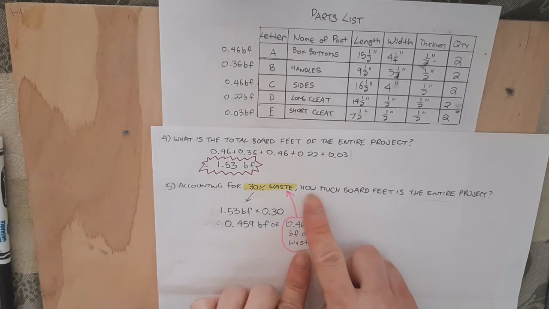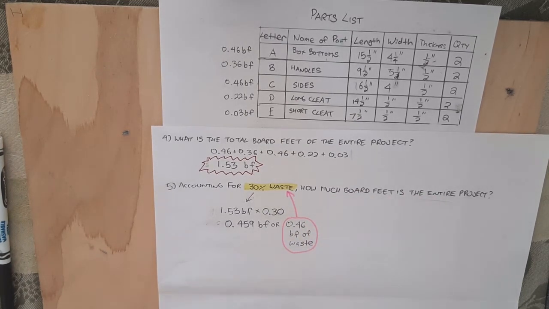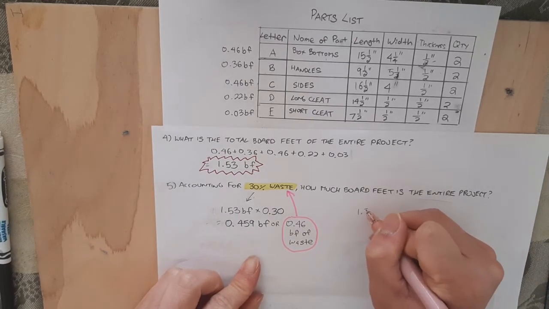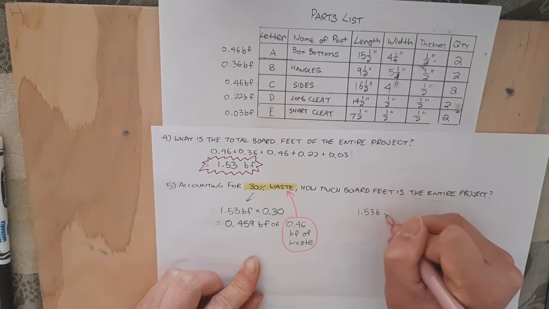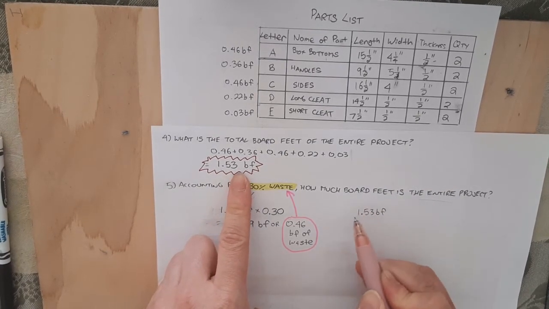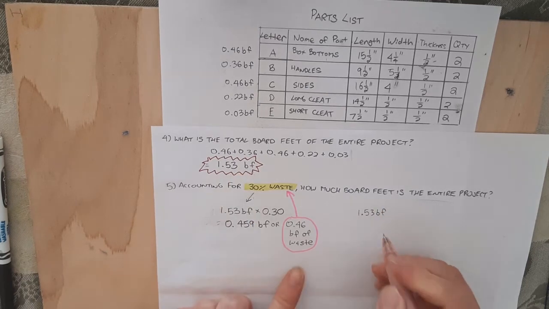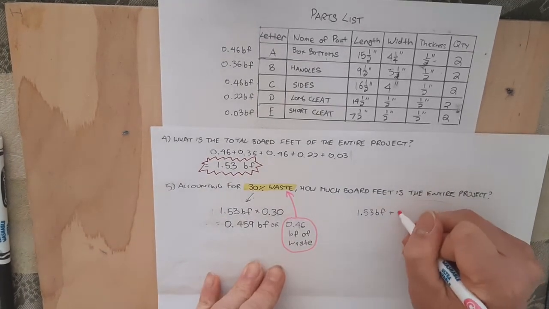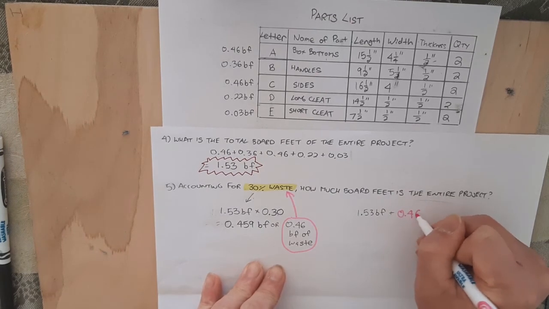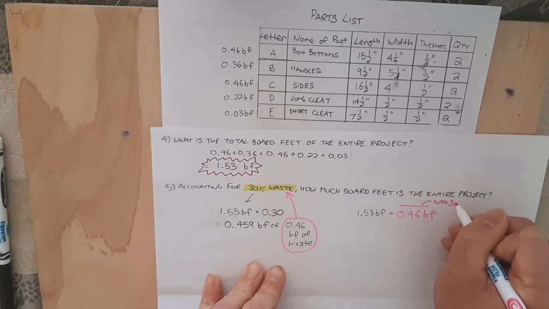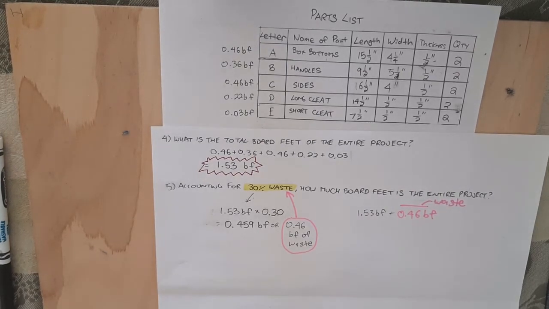So to figure out how much board feet is needed for the entire project, all I would do is take 1.53, which is the amount of wood needed for the entire project, and add in my 0.46 board feet of waste.